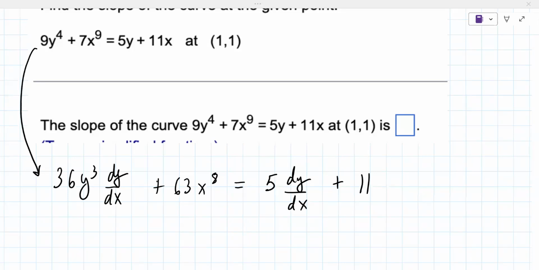Can I factor out a dy dx? Yes, do everything just like in the last problem, basically. This is the important part, is to be able to solve for dy dx.